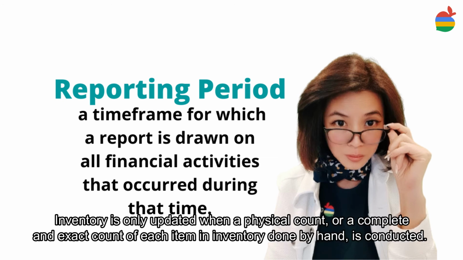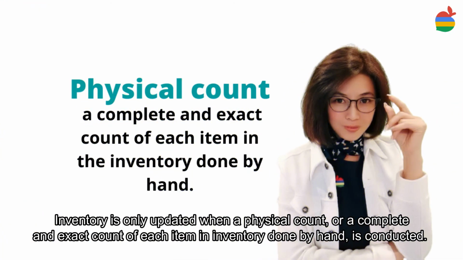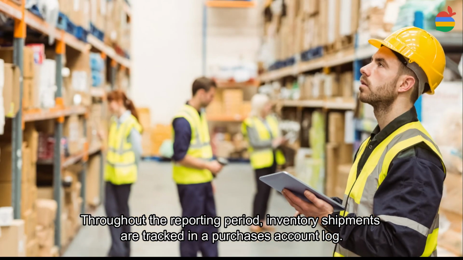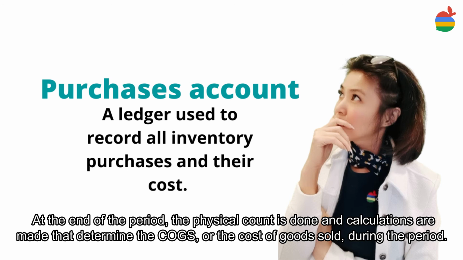Inventory is only updated when a physical count, or a complete and exact count of each item in inventory done by hand, is conducted. Throughout the reporting period, inventory shipments are tracked in the purchaser's accounts book. At the end of the period, the physical count is done and calculations are made.